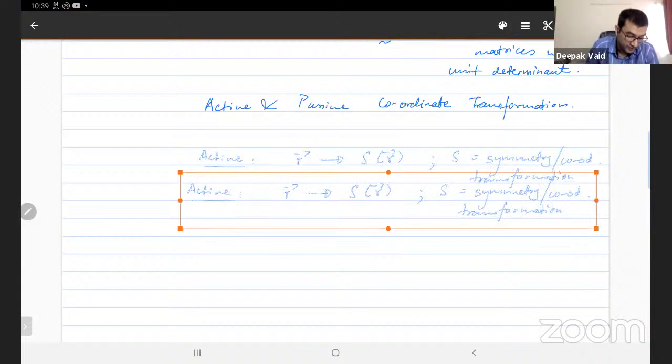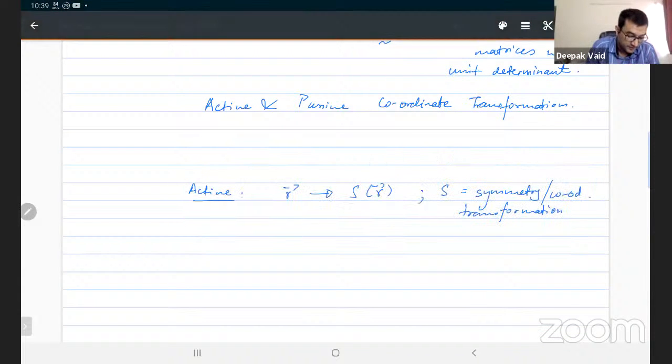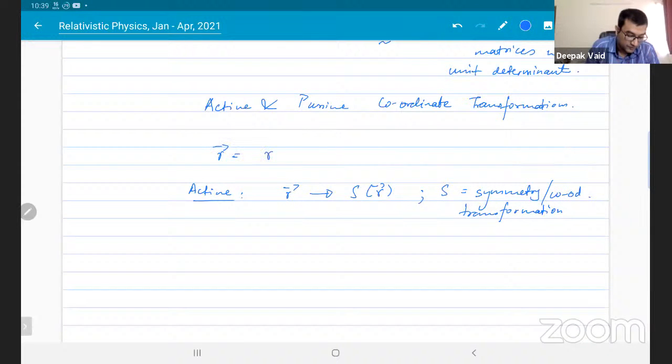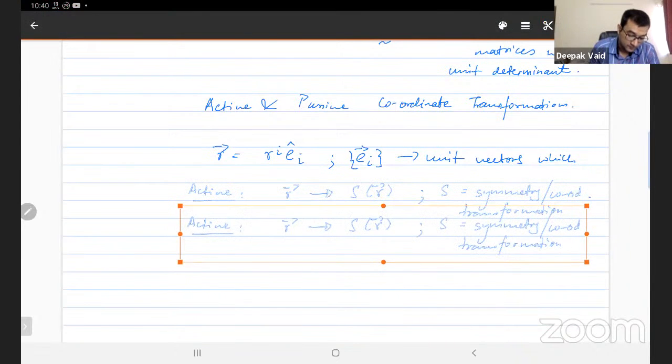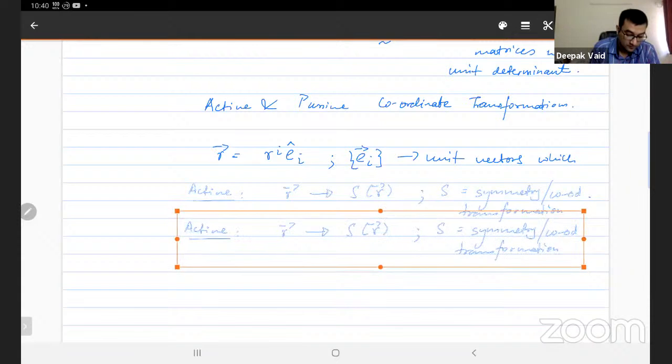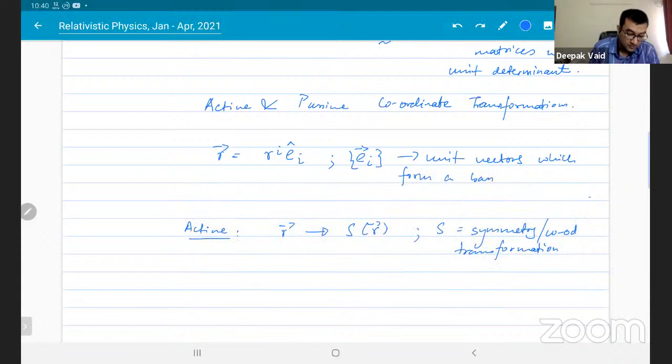If you have any vector, it can be written as the sum of these unit vectors which form a basis. Basis of our vector space. Our vector space is some vector space V, right?